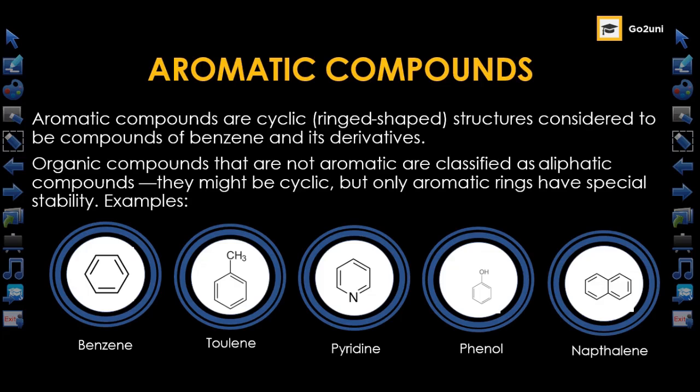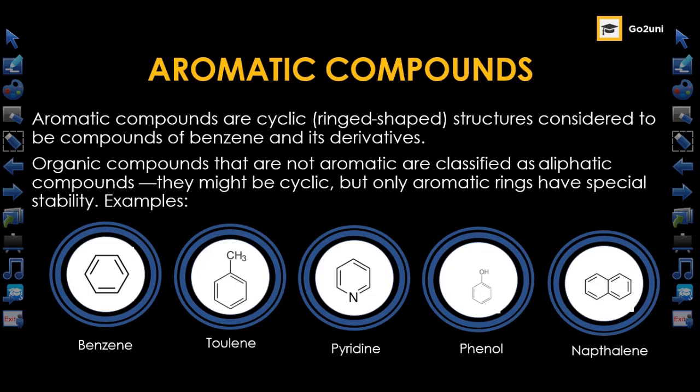Yes, there may be circular aliphatic compounds, but their cyclic shape does not have strong stability like that of aromatic benzene compounds. So, aliphatic compounds may be cyclic, but only aromatic ring compounds have special stability in their structure.